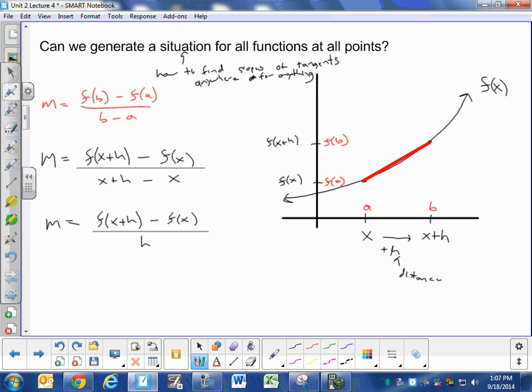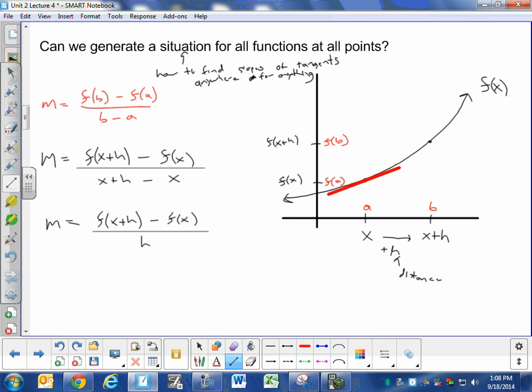Well, now this is not a great approximation right now because h is a decent distance. What do I need to do with h so that I get these 2 points to be really, really close together? If I extend those 2 values, I would create my tangent line.